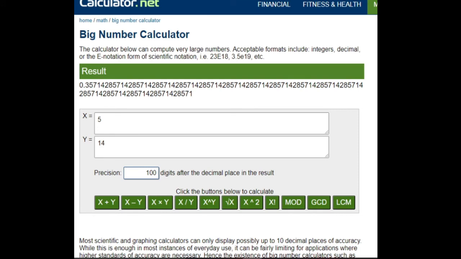So you just have to identify your repeating string. 3 is not repeating anyway. So 571428, this is your repeating string. You can see 571428, 571428.